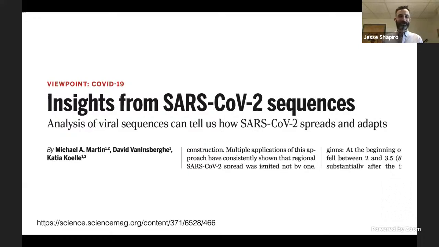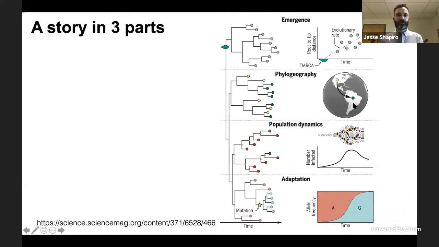So there's a really nice viewpoint published in Science by Michael Martin and Dave Van Insberg, who parenthetically, I think, spent some time with you a few years ago during his PhD, and who's now in the lab of Katia Koelle in Georgia. And in this paper, they outline basically 3 things you can learn from genomics.